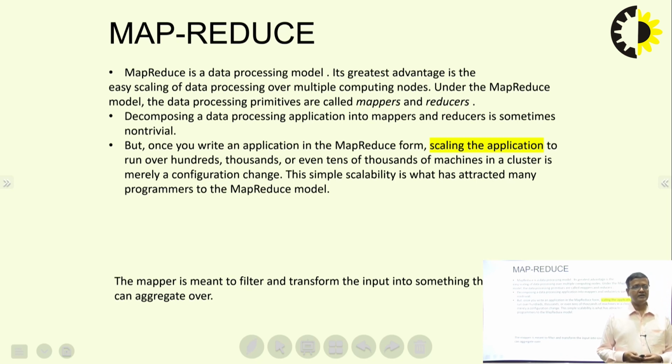Basically the mapper is meant to filter and transform the input into something which the reducer can aggregate upon. So this is how you break the large data into smaller parts and assign it to the mapper functions, and then the reducer will aggregate over the outputs of the mapper functions.